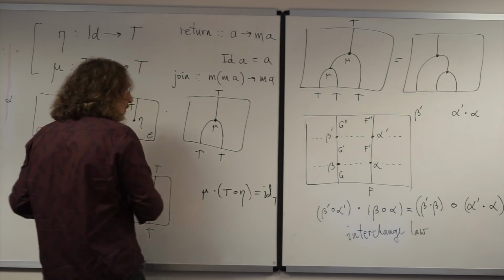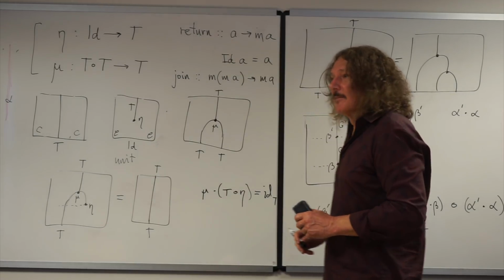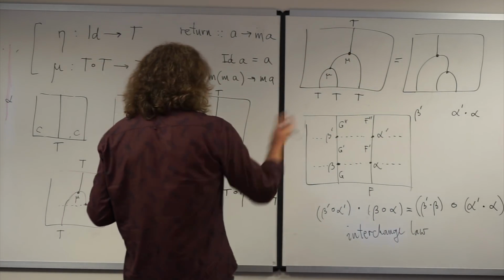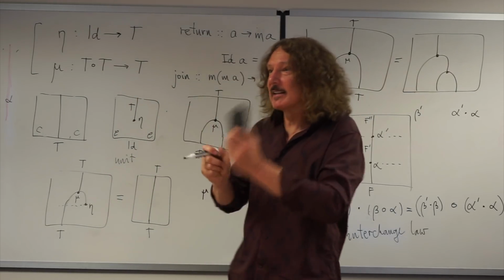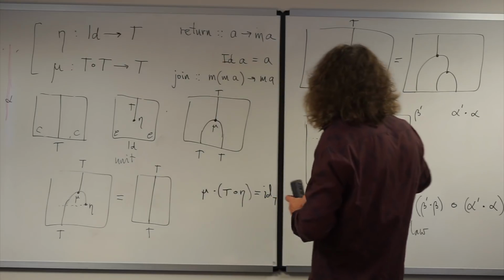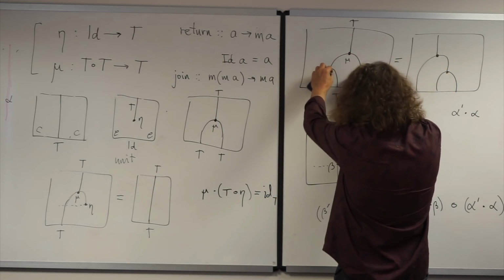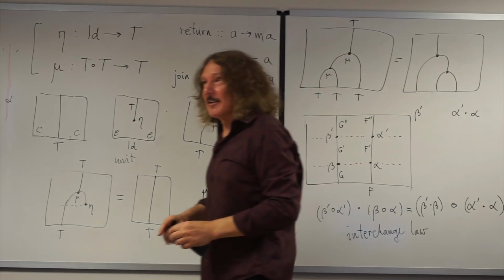So, two unit laws, one associativity law, beautiful diagrams. And now if you have these laws and you have some complex diagrams, you can always manipulate them by pulling these strings. How do you get this? I mean, you pull this down, you pull this up, and you get this, right? So, topology.